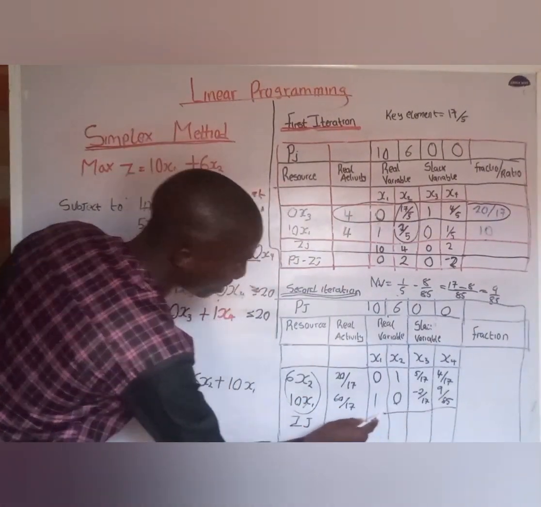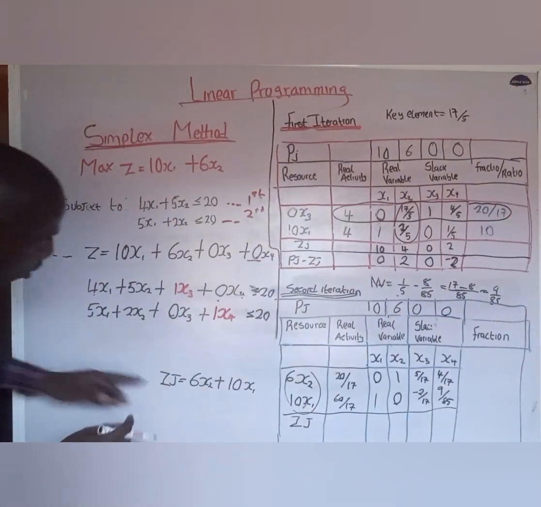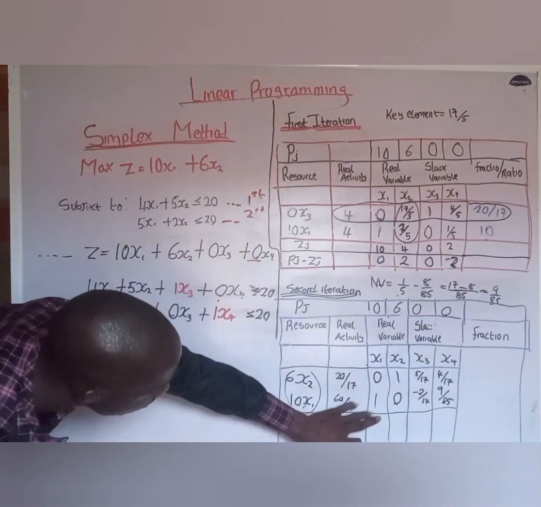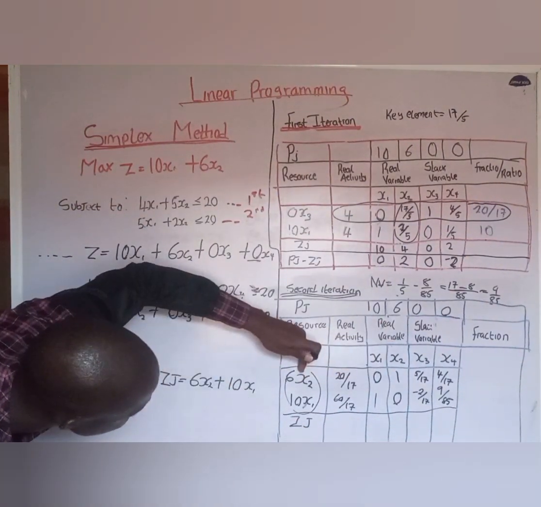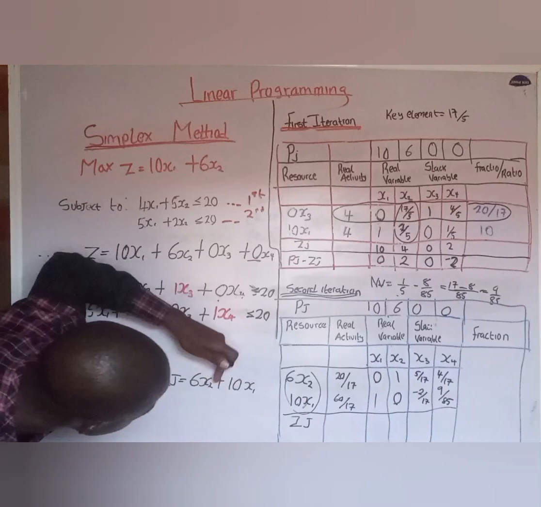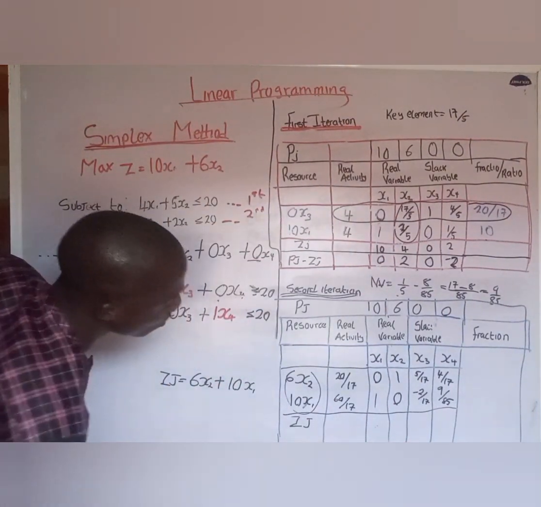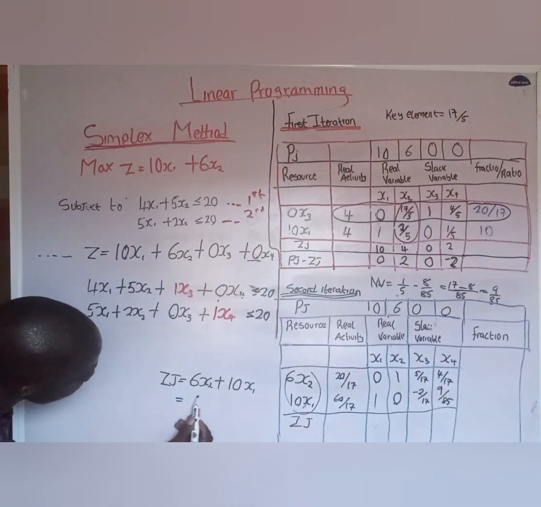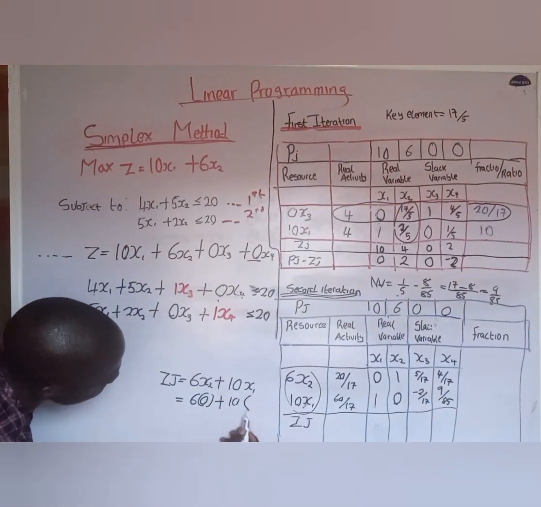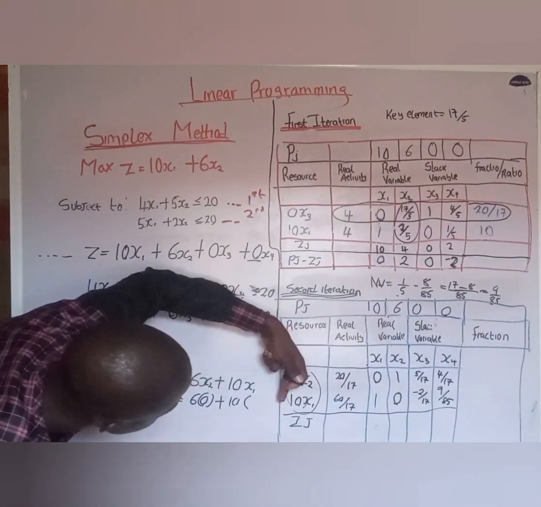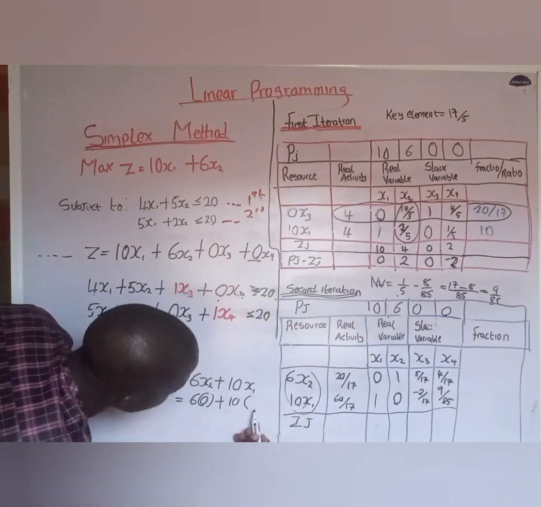Let me draw a line here. For example, in this column, in order to get the zj of this column, I'm going to substitute 0 as x2 in this row and 1 as x1 in this row. So the value of zj in this first column will be what? 6 into bracket 0 plus 10 into bracket, the corresponding value of x1, which is 1.